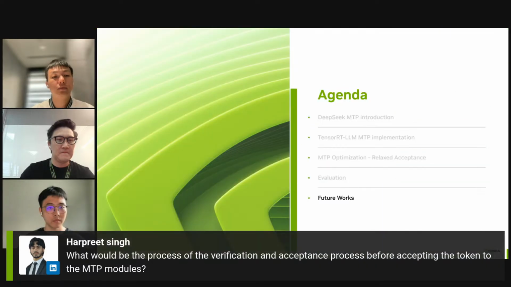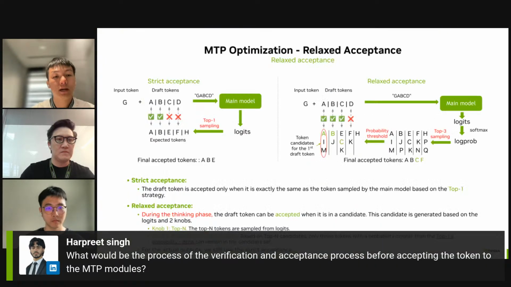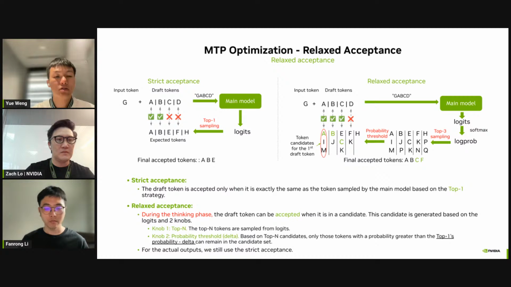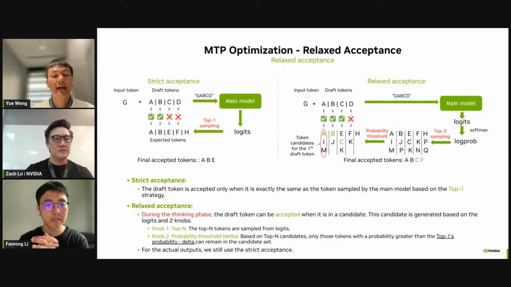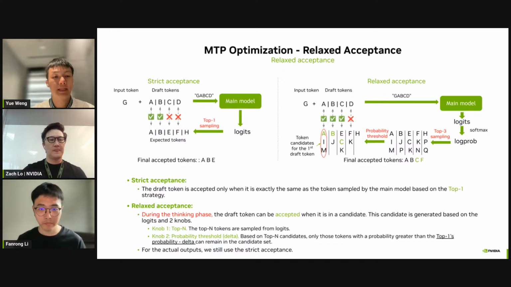Yes, maybe we can refer to this slide. Before we accept the draft token, we let this draft token go through the main model, and then we get some logits here. We use these logits to sample the expected tokens, like A, B, E, F, H here.